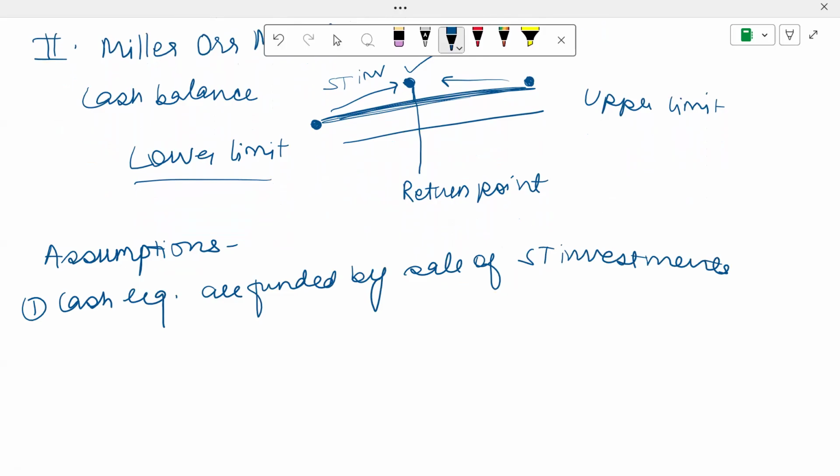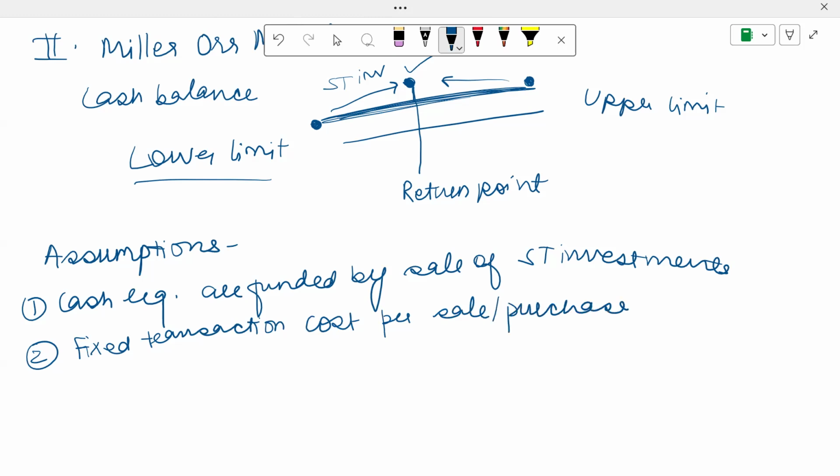And another assumption is that there is a fixed transaction cost per sale or purchase of investment. So no matter whether you're selling or purchasing any short-term investment, your transaction cost remains fixed. This is what they are assuming.